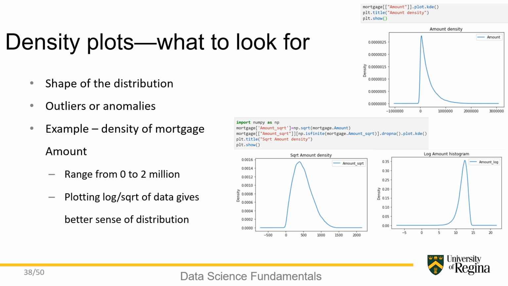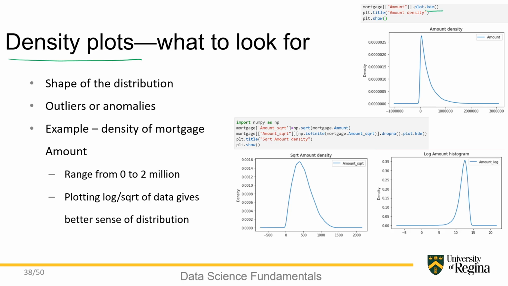Another way to visualize the data, if your data is not necessarily a rate that you could count and your data is continuous, is to use density plots. Density plots are similar to histograms, but they try to estimate the distribution.